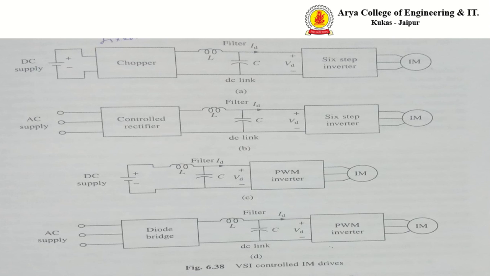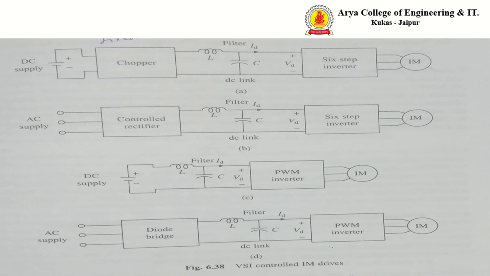When operated as a stepped wave inverter, thyristors are switched in the sequence of their numbers with a time difference of T/6, or each transistor is kept on for a duration of T/2, where T is the time period of one cycle. The resultant voltage wave is shown in the figure.